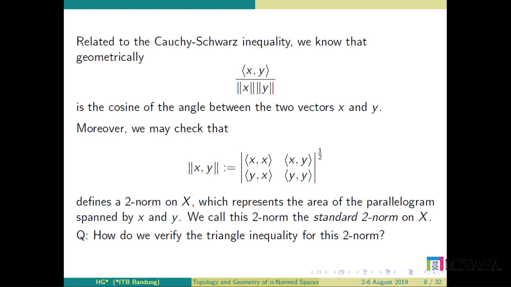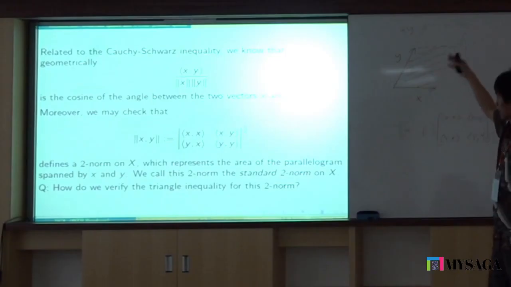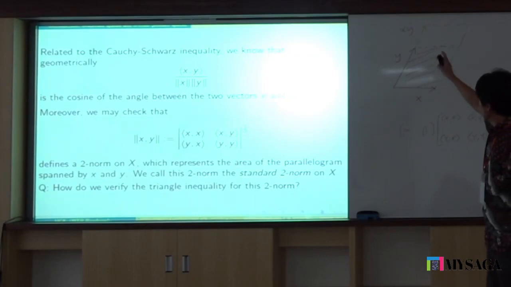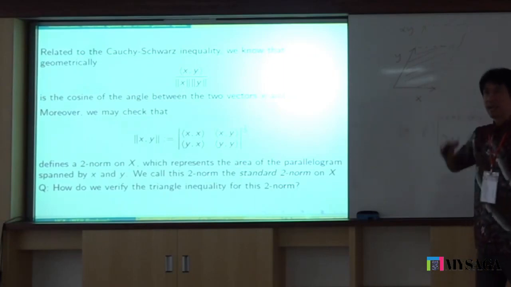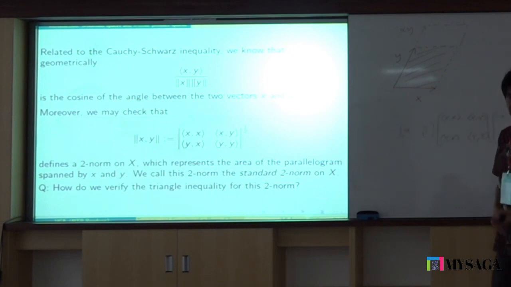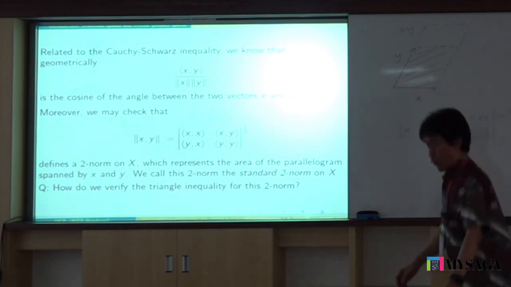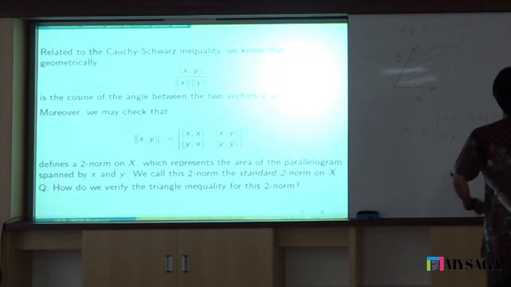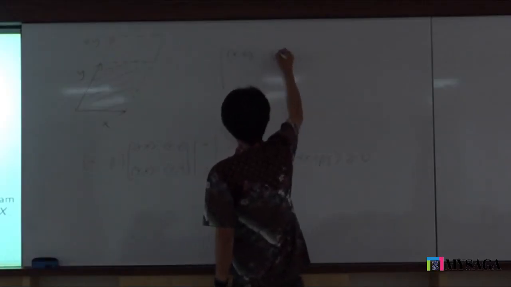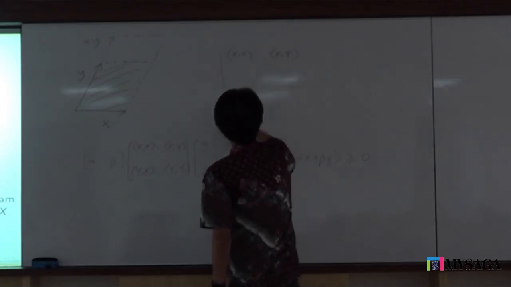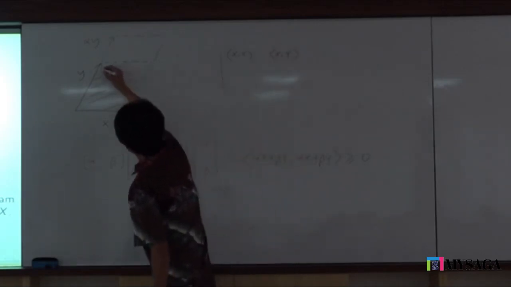Well, doing the calculation with the parallelogram here, you can check that it is the area of the parallelogram. It is the area of the parallelogram. Why? Because from this, I can, for example, do this.